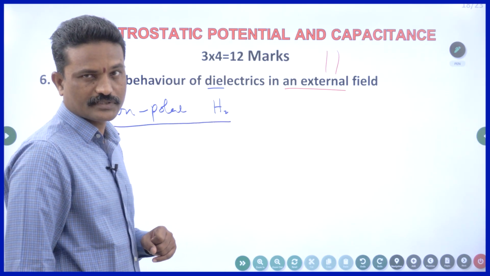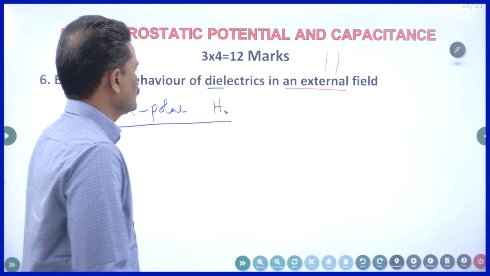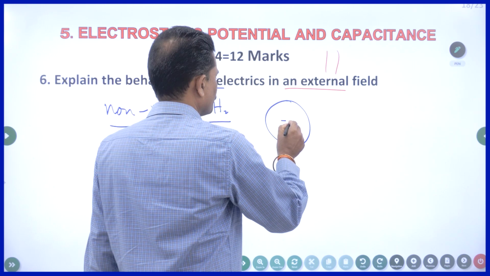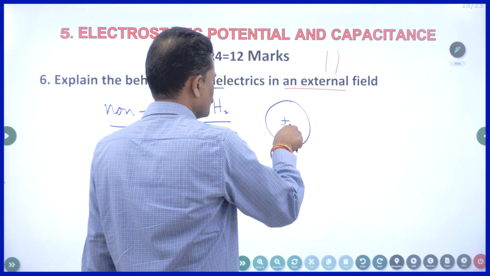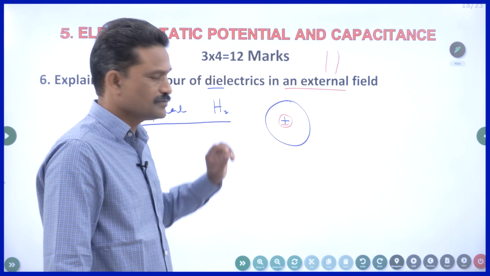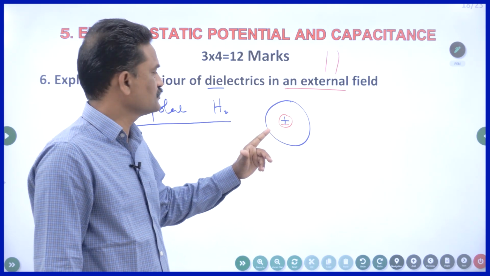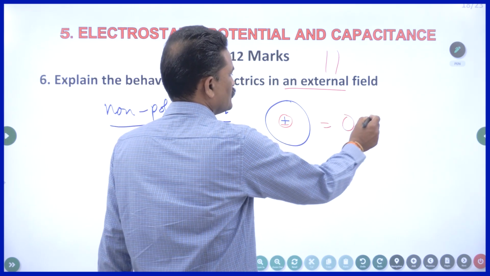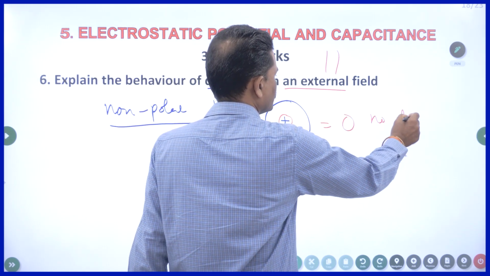Oxygen is a non-polar substance. In the case of non-polar substance, what happens? Within the atom, both positive charge and negative charge coincide. The center of positive charge and the center of negative charge coincide. So, the resultant charge is 0. No dipoles exist.